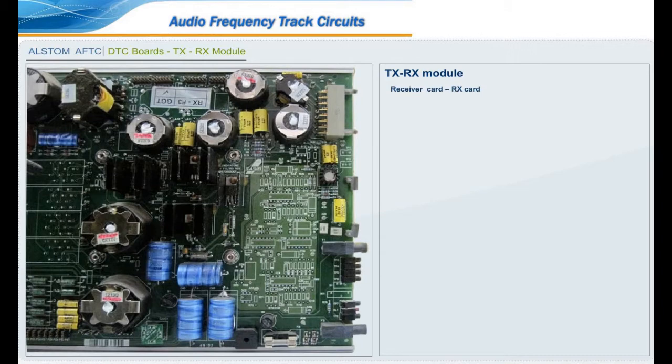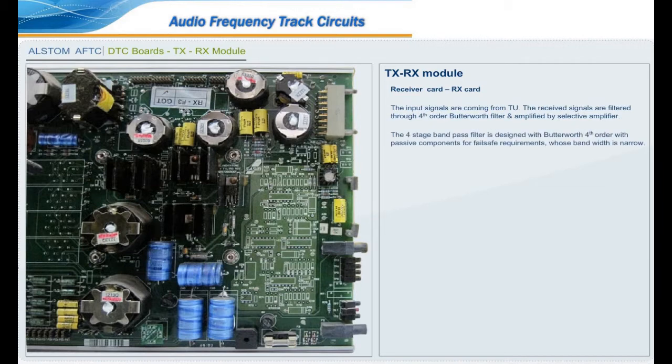Receiver card, RX card. The input signals are coming from TU. The received signals are filtered through 4th order Butterworth filter and amplified by selective amplifier. The 4-stage band pass filter is designed with Butterworth 4th order with passive components for fail-safe requirements whose bandwidth is narrow.